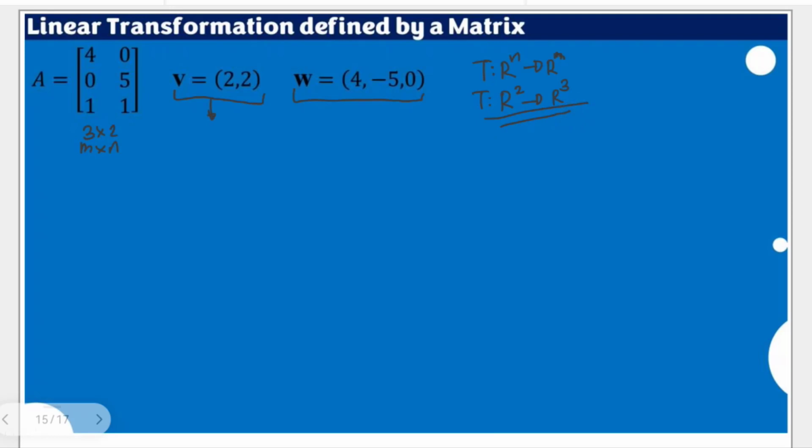Now let's start to solve for the image of vector v. We're going to use this definition for a linear transformation defined by a matrix. The transformation of vector v is actually the product of your matrix A and the said vector v. Another thing that tells you your operation is correct is once you plot this matrix A, you have 4, 0, 0, 5, 1, and 1, and multiplying this by your identified vector v with two components, you would see that the product is defined.